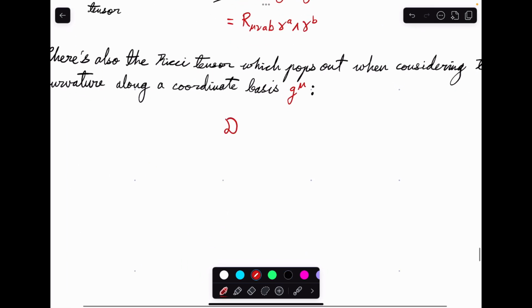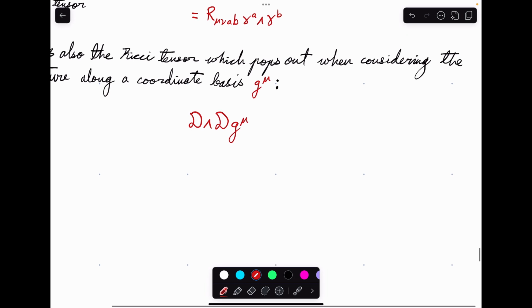So we take this to consider the curvature acting on G mu, and this then gives us the G mu wedge G nu of R mu nu, acting on G nu. So I'm just going to put this nu here.